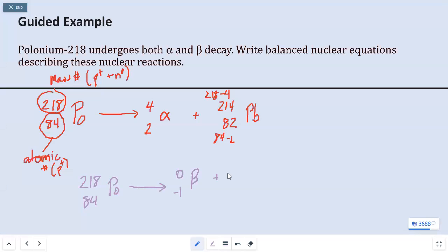To figure out the missing particle here, I've got to go through the same process. There are 218 as the mass number of polonium. The beta particle accounts for 0 of it. So all 218 must be in our daughter nucleus, the result of this radioactive decay.